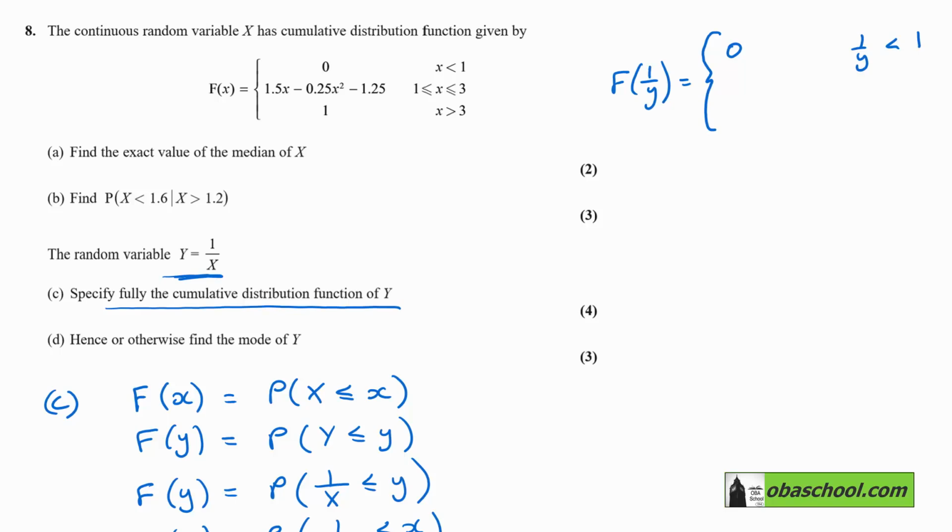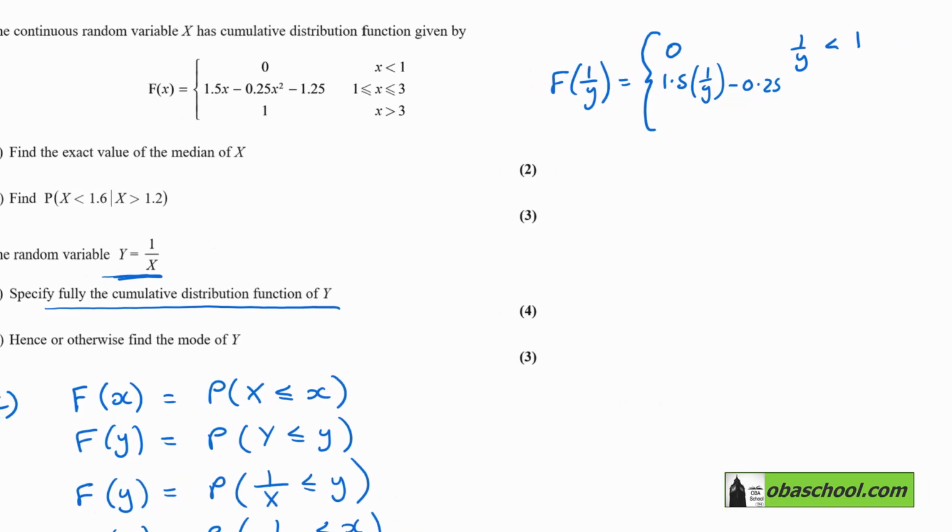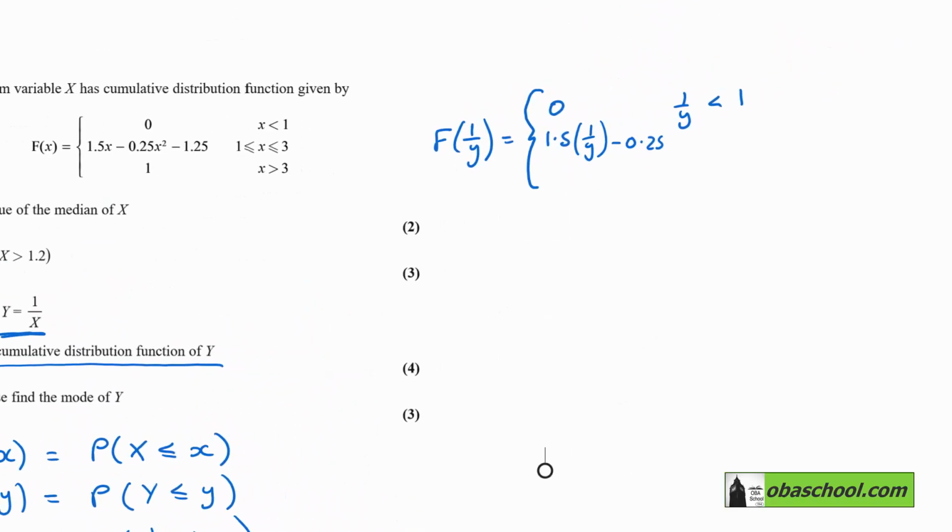And then we've got 1.5 times 1 over y, take away 0.25 times 1 over y squared, take away 1.25, and that will apply for values of 1 over y between 1 and 3, and then 1 for 1 over y greater than 3. So let's play with these a bit.